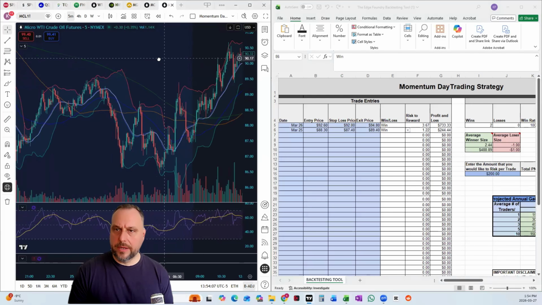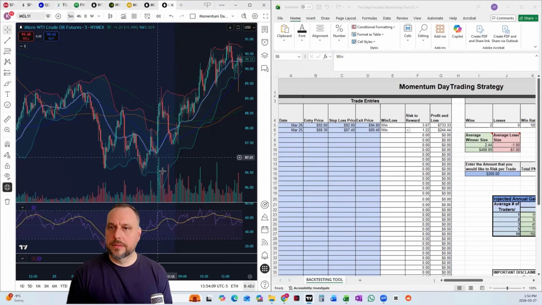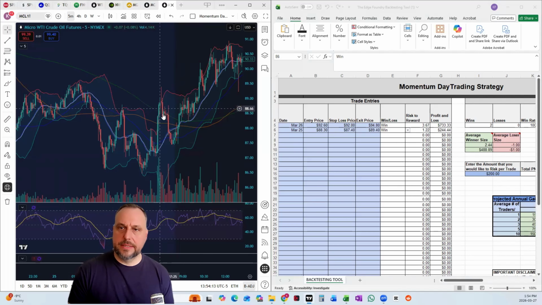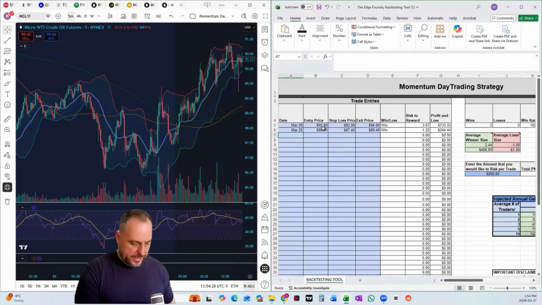Actually, I think we had another trade here. See, this isn't a good trade, but this is what we're doing. We're recording trades. This was at 720, so this is potentially something that I might have traded. I'm going to go ahead and record it. We're just recording everything right now.